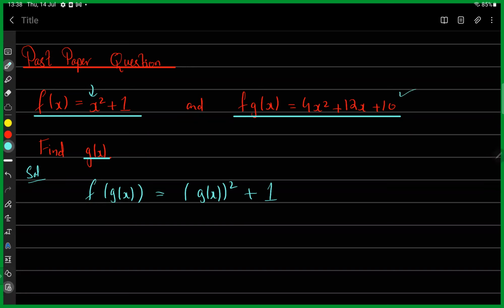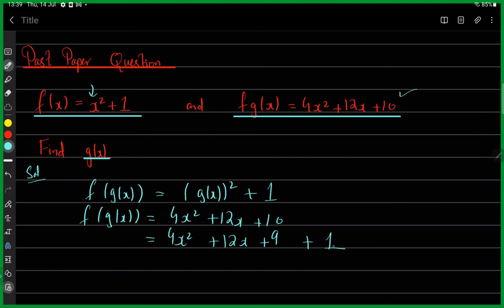So let's see how to do it. We know that f of g of x is equal to 4x squared plus 12x plus 10. Now I can write it this way: 4x squared plus 12x plus 9 plus 1.